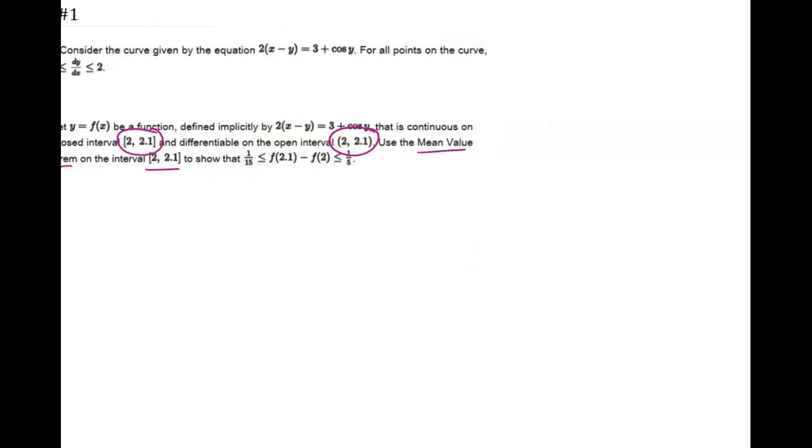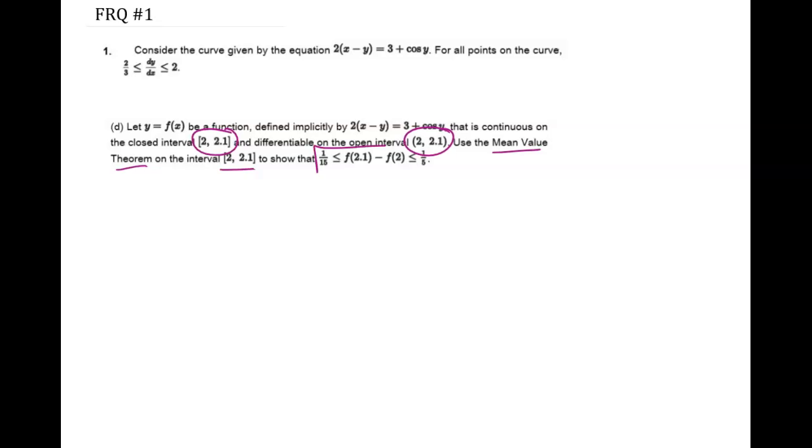Part D. We have our function continuous on the closed interval between 2 and 2.1 and differentiable on the open interval. And those are the requirements to use MVT. And now we want to use the mean value theorem on that interval to show this. So perhaps when you see this, you're like, I don't know where we're going to get that from. However, let's think about what the mean value theorem says.